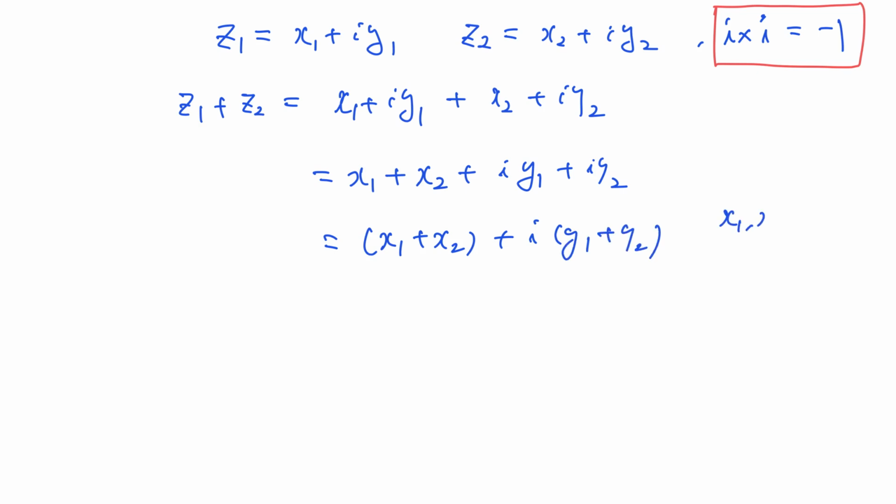Since x1, x2 belong to the real numbers, and y1 + y2 belongs to the real numbers, right? So this belongs to the complex numbers. So we found that we can define the addition, and they are closed under addition. The result also belongs to the complex numbers.